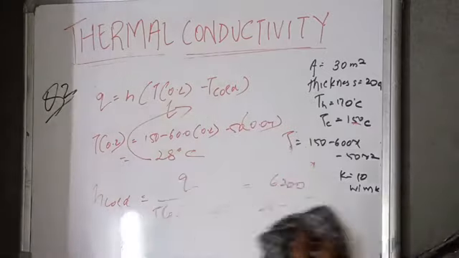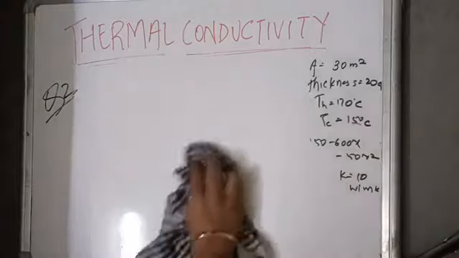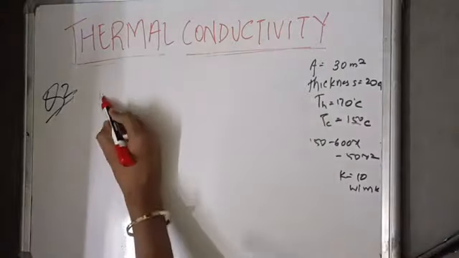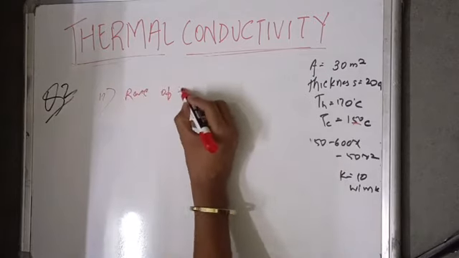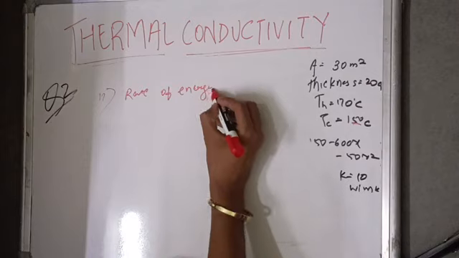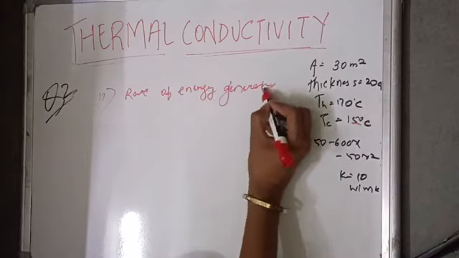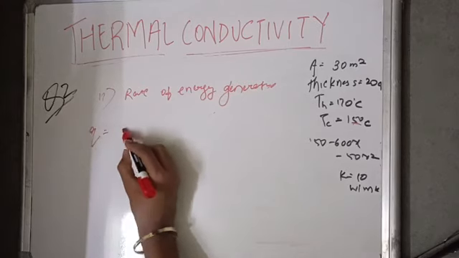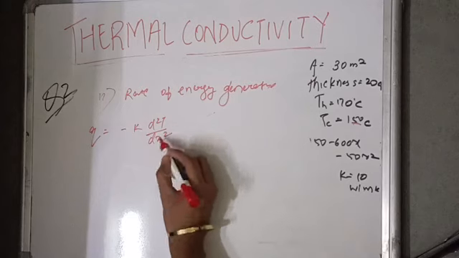Now we have calculated the heat transfer coefficient at both the hot and cold sides. We have to find the third part, which is the rate of energy generation. It's q equals minus k d square T by dx square.